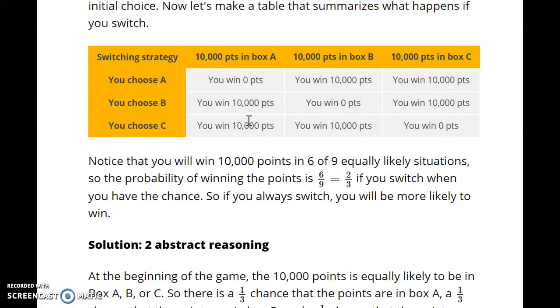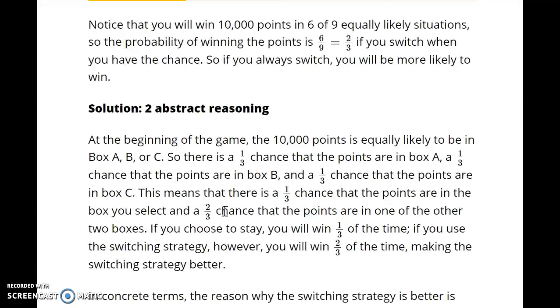So switching actually changes the probability, because one of the 3 boxes is revealed to be not the one. So, I mean, there's still the chance that you chose correctly in the first place, but your chances are greatly increased if you switch boxes, and specifically 6 different ways to win out of the 9 total. So it's a 2 out of 3 chance.